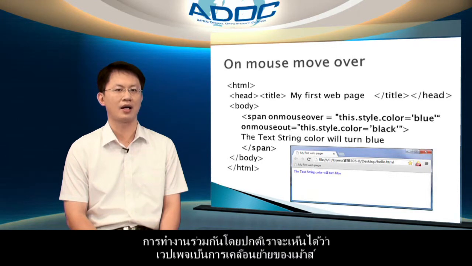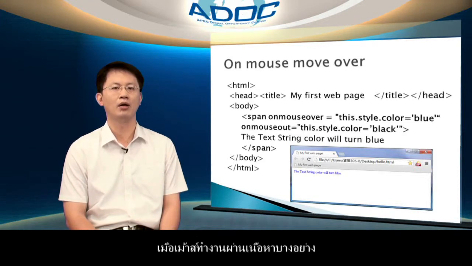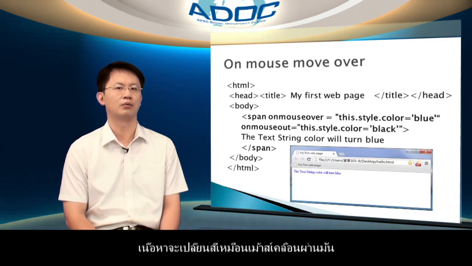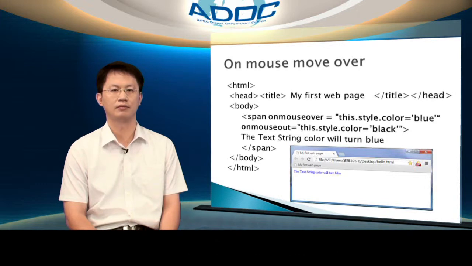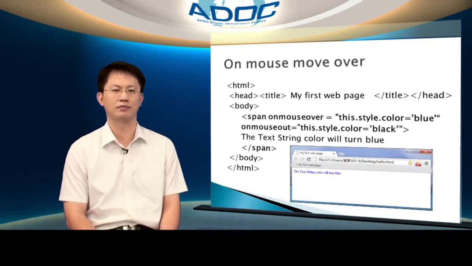Another common interaction we have seen on web pages is mouse movement. When the mouse runs over some text, the text will change colors as the mouse rolls over it. And we will show you how to do it using simple JavaScript function code.